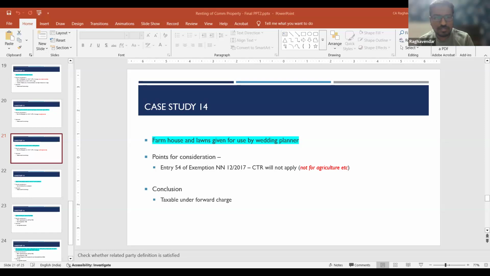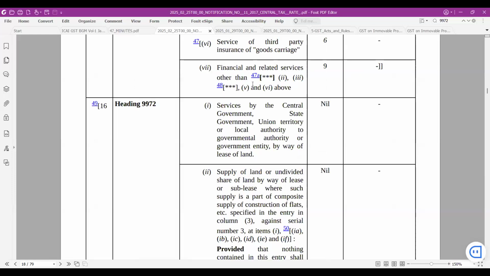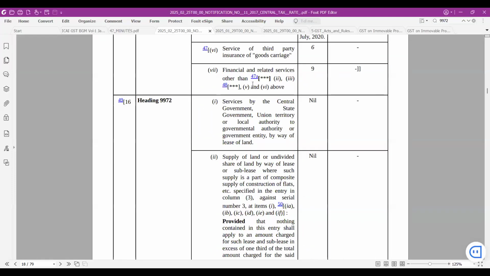Ma'am, Annapurna ma'am, if it is 11, which entry will it fit in? I'm just sharing. 16, no? 9972. See, once the supply levy is fulfilled, we first need to visit 11 and then 12.